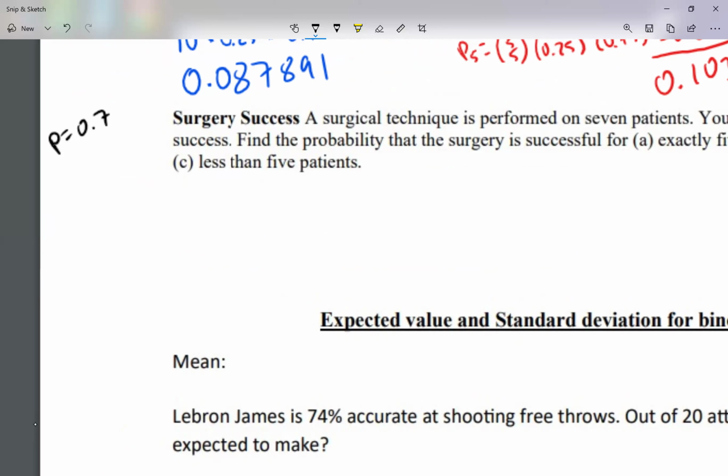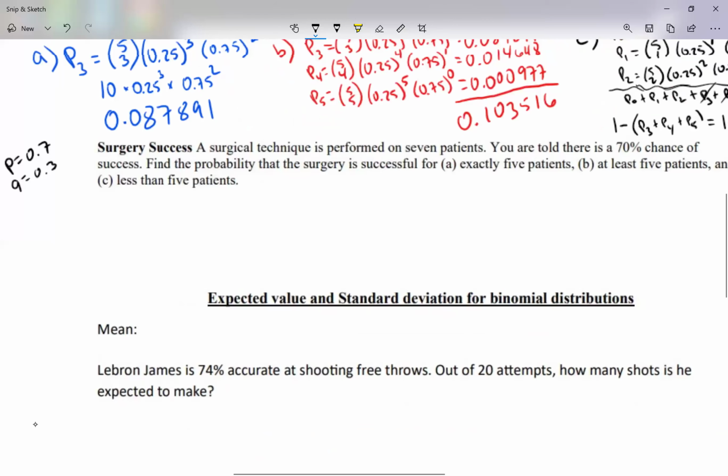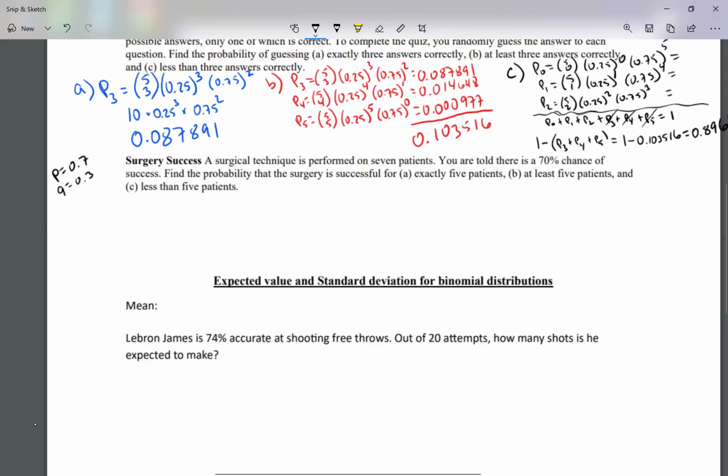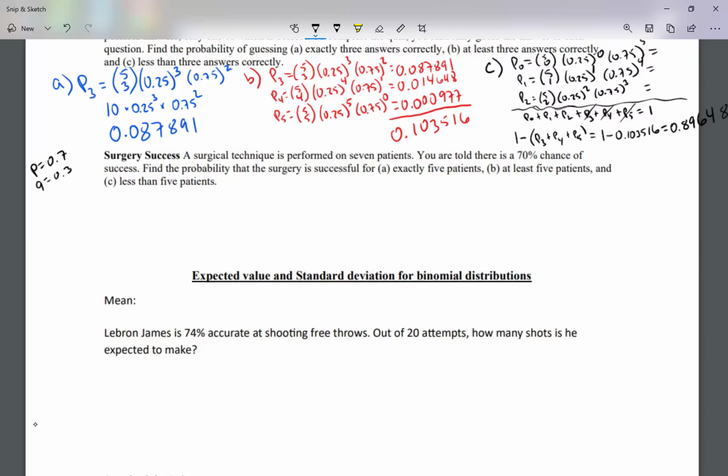It's the same thing, right? Succeed is 0.7. So q, my failure, is going to be 0.3, 30% failure. Find the probability that the surgery is successful for exactly 5 patients, at least 5 patients, and less than 5 patients. Okay. Again, let me look at this as 3 questions, A, B, C.